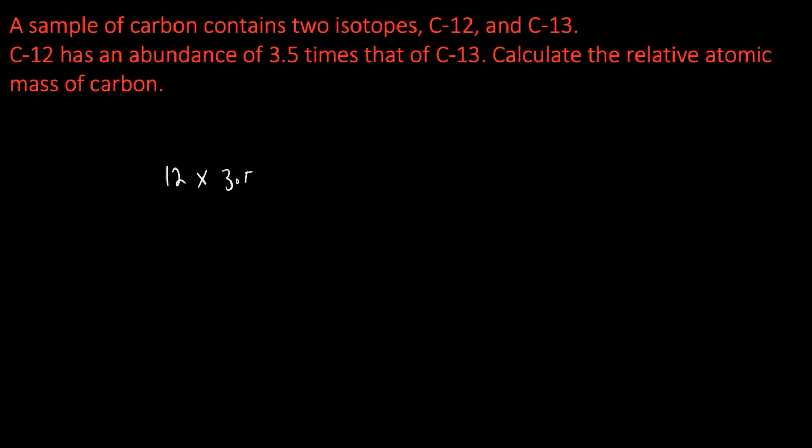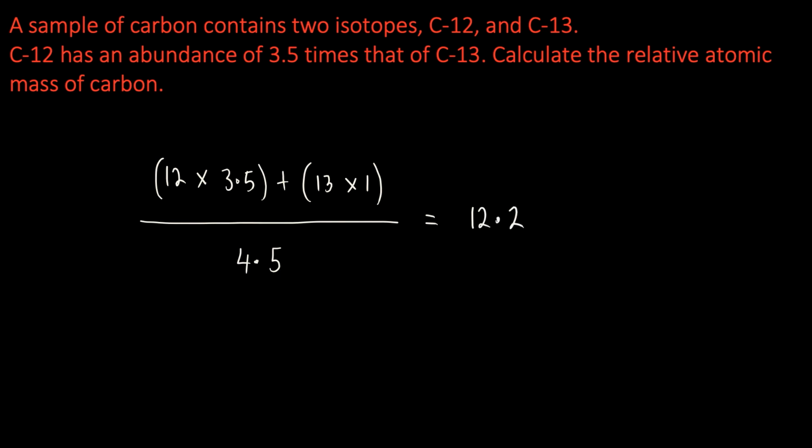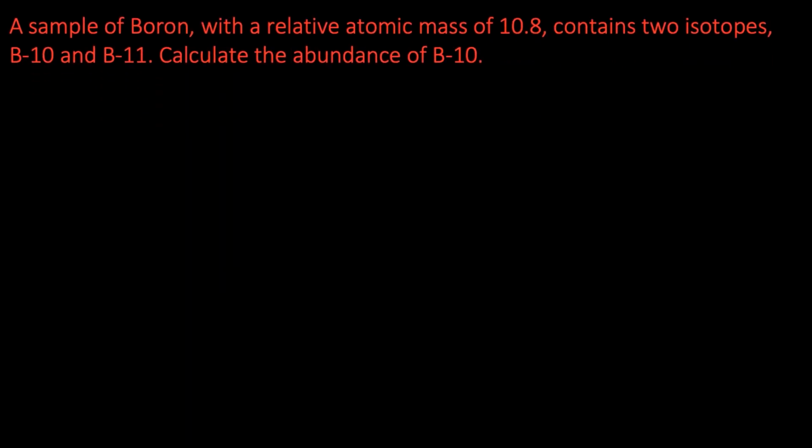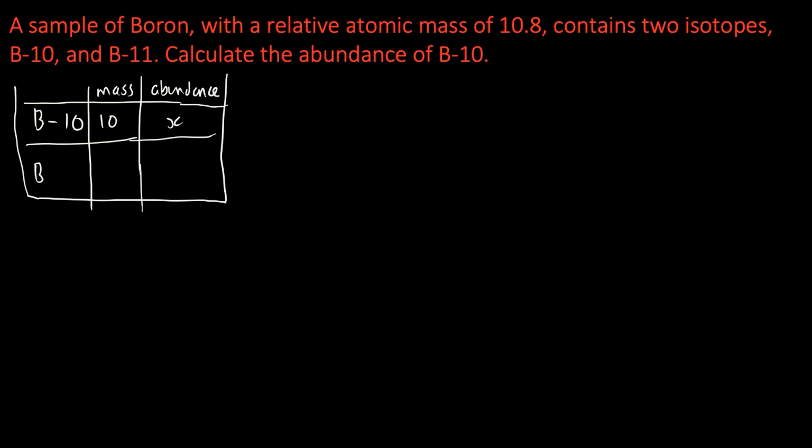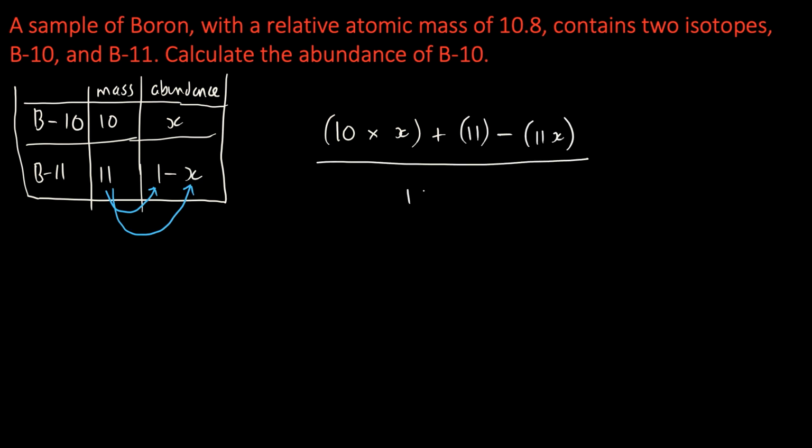Multiply the masses by their abundances and divide by total abundance, and the answer is 12.2. B10 has a mass of 10 and an abundance of X. B11 has a mass of 11 and an abundance of 1 minus X. So 10 times X plus 11 minus 11X divided by 100, which gives us 10.8.